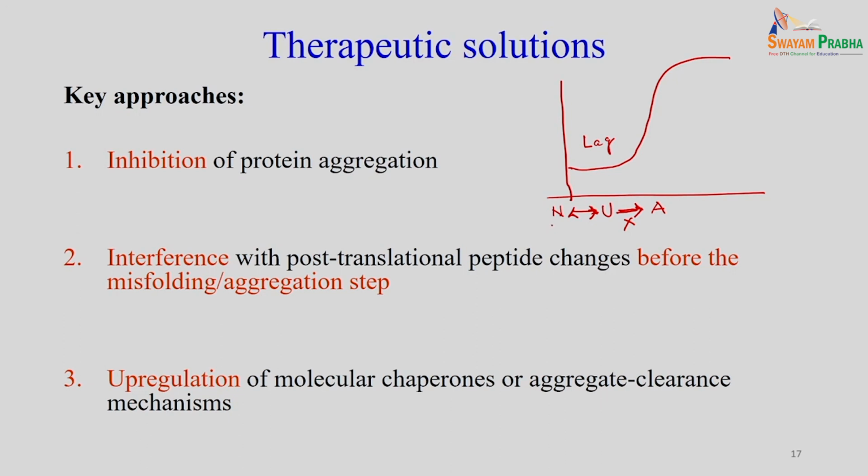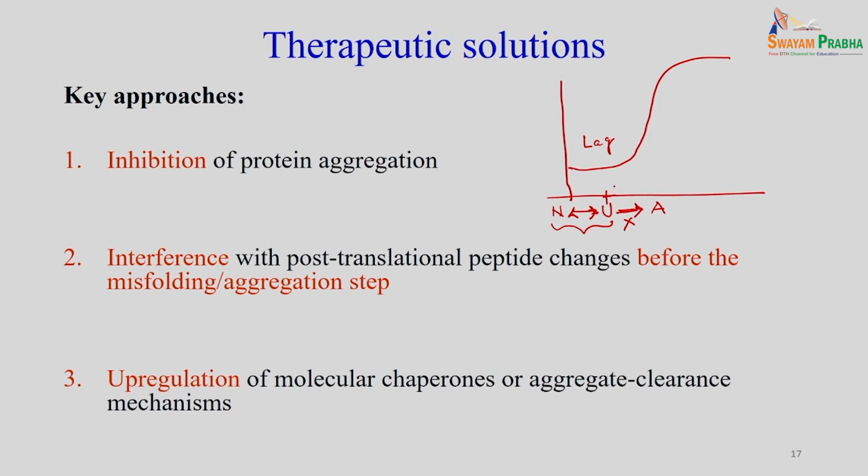So, you have to work on this step, to change the environment in such a way that the unfolding of the protein is avoided. The second option may be to add an inhibitor here at the unfolded state.